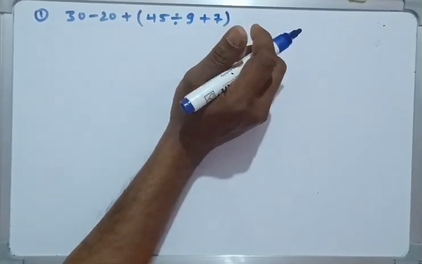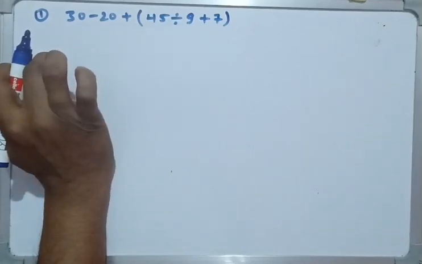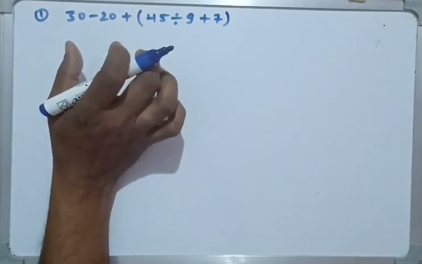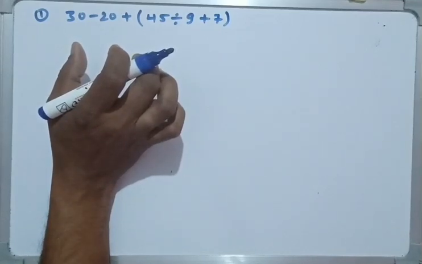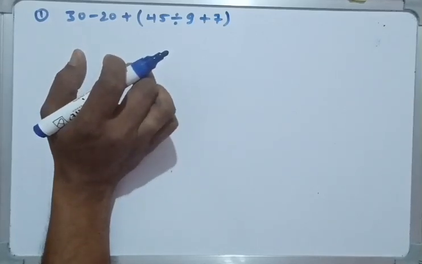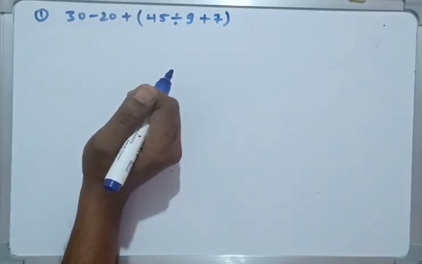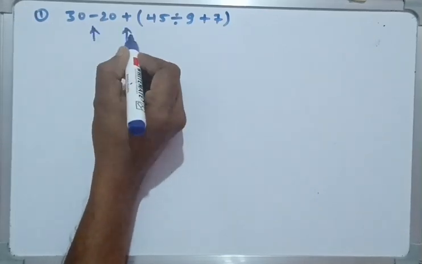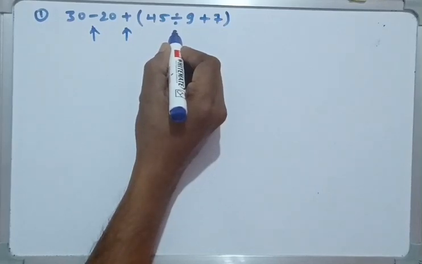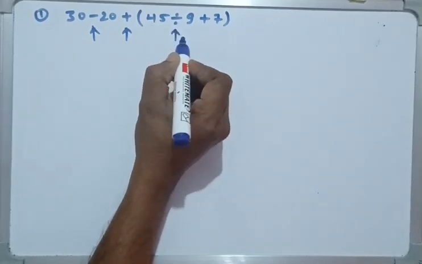Okay guys, when you see such a mathematical problem, the first thing that strikes your mind is which operator I use first. Do I use subtraction first, this one, addition, this one, or division, this one?